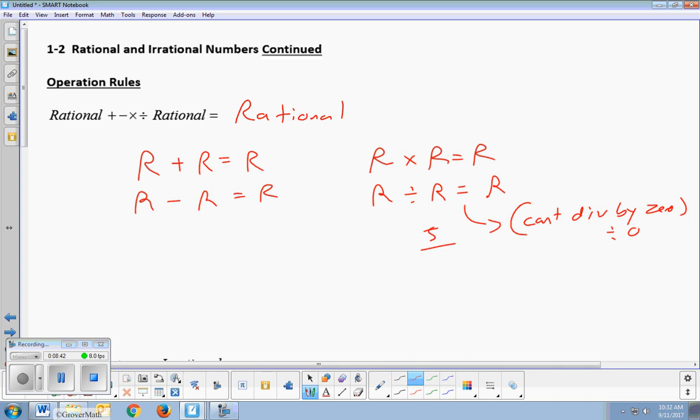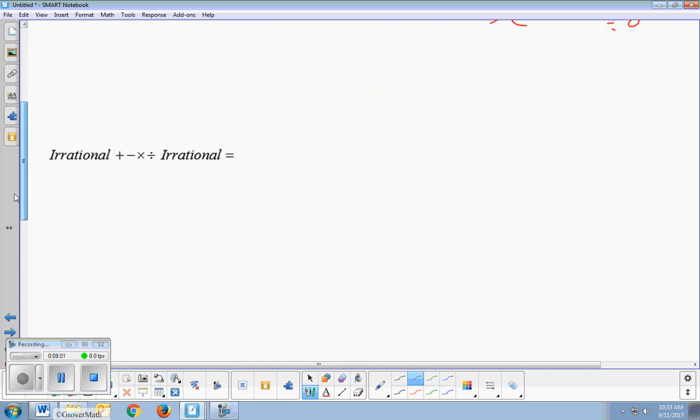You cannot do 5 divided by 0. That's an undefined situation. Now 5 is rational and 0 is rational, but they don't divide. You can't divide by 0. You can divide 0 by 5, but you cannot divide 5 by 0. 0 can't be on the bottom. So we're going to say that it's always rational, but there is one small exception to that, and that's you can't divide by 0.